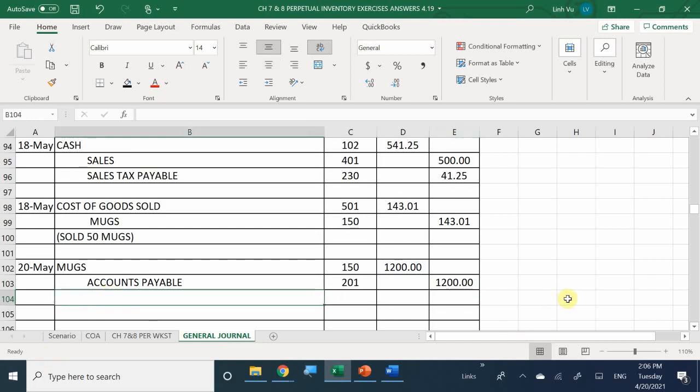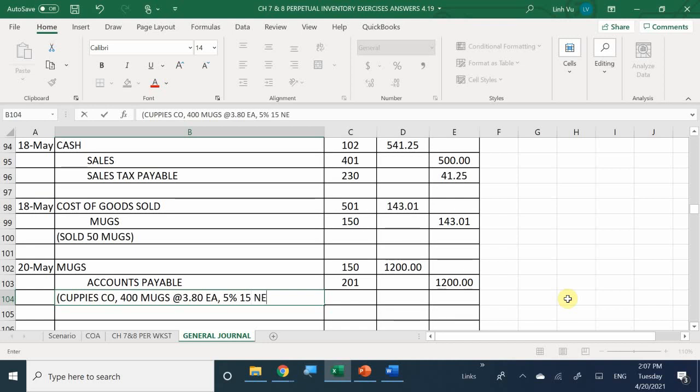And once again, I'm going to indicate that I purchased this from Cuppy's Co. I purchased 400 mugs at $3.80 each. And I'm going to recognize that the vendor gave me terms of 5% if I pay within 15 days. If not, the whole bill is due in 30.